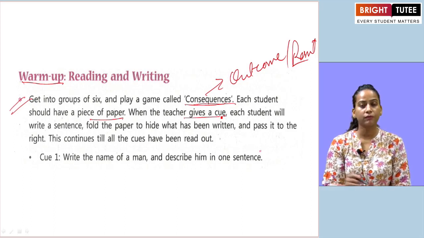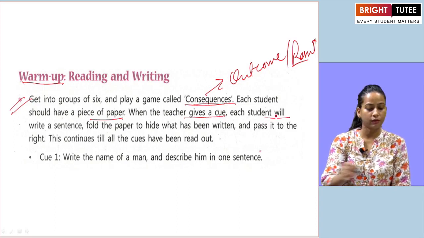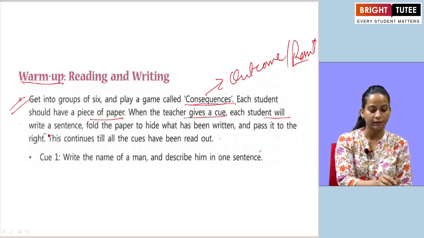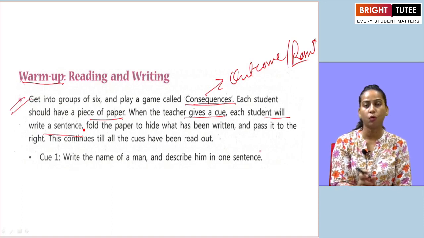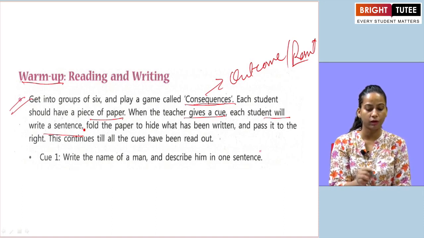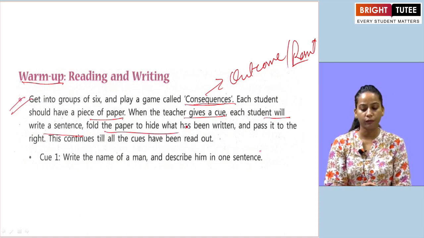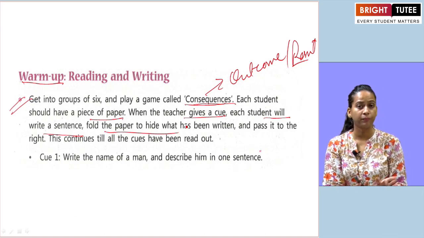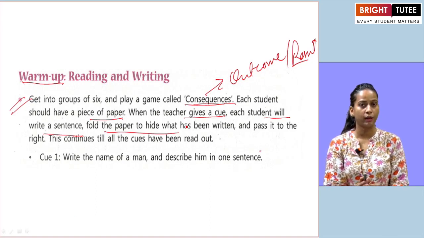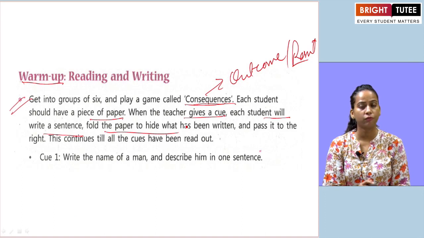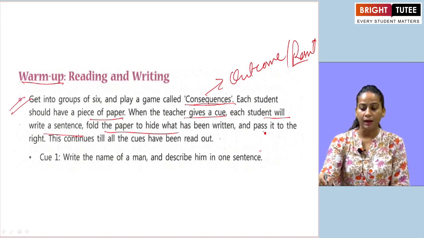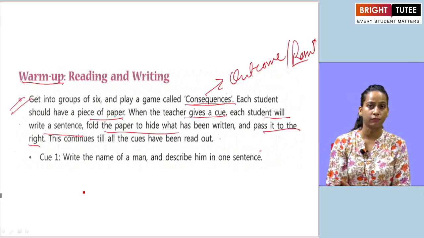When the teacher gives a cue, each student will write a sentence. You all must have the piece of paper where you have to write down a sentence when the teacher gives you the cue. Fold the paper to hide what has been written. So each student is going to hide his or her sheet from the other students, and then you have to pass it to the right.